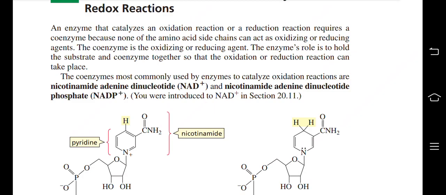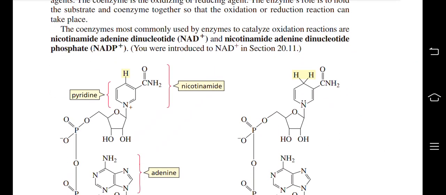The enzyme's role is to hold the substrate and coenzyme together so that the oxidation or reduction reaction can take place. The coenzymes most commonly used by enzymes to catalyze oxidation reactions are nicotinamide adenine dinucleotide and nicotinamide adenine dinucleotide phosphate.